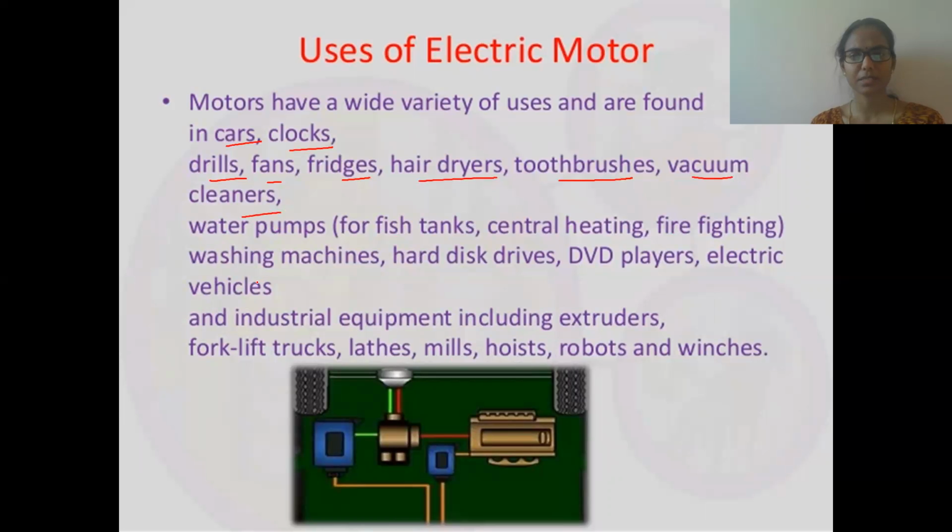All these places you can see this. Also water pumps, machines, hard disks, CD drives, electrical vehicles and industrial equipment including excavators and trucks. So we can see a lot of advantages of this electric motor. Wherever you see a rotating part, in all cases of rotating things, a motor must be present.